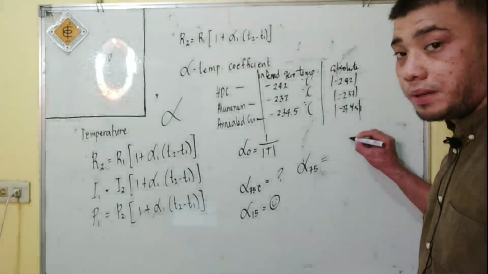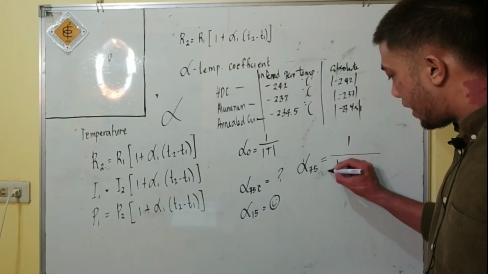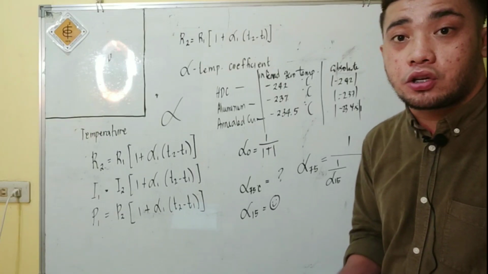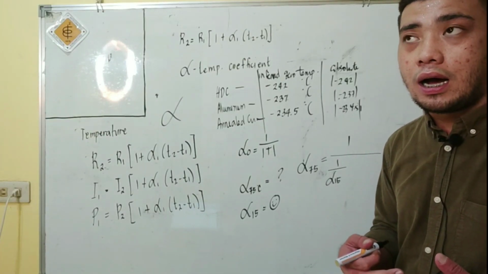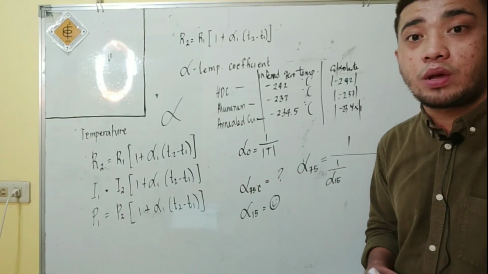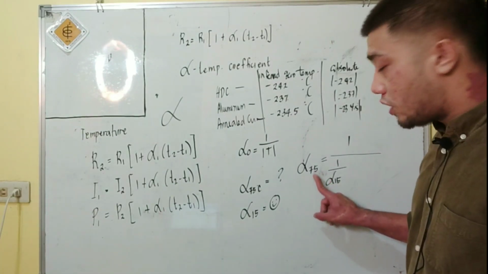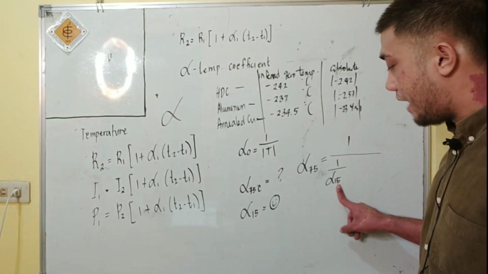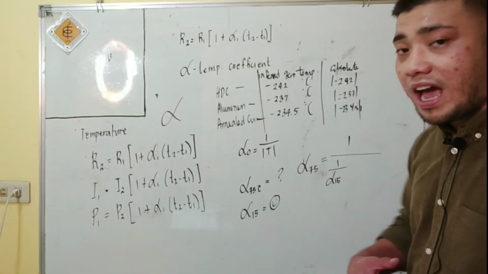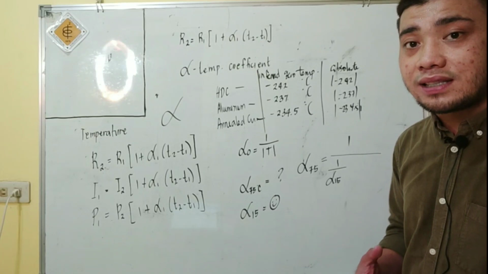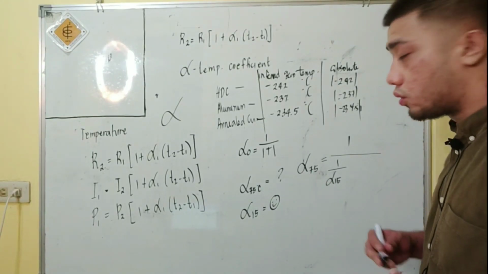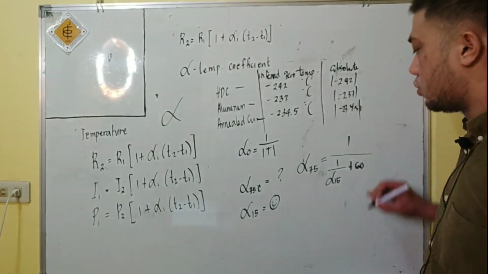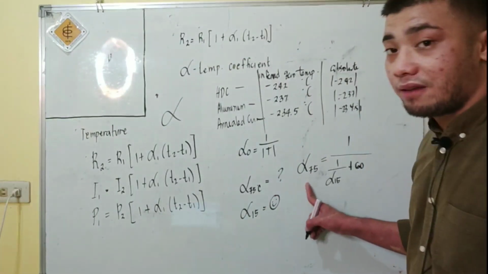So the formula would be 1 over alpha 15 plus or minus a certain temperature to make the necessary value of temperature that we want to get. In this case, gusto natin kunin si alpha at 75 and our given is alpha at 15. So, what do we have to do on 15 degrees Celsius to make it 75 degrees Celsius? Therefore, we have to add 60 degrees Celsius. So, definitely, makukuha natin si alpha at 75.